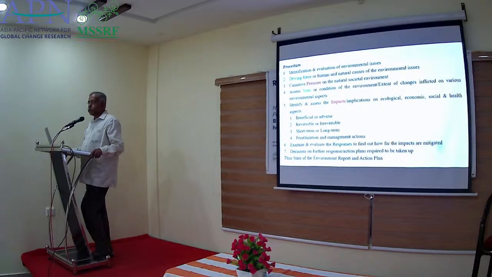Then the third step is to assess the state or the condition of the environment, the extent of changes inflicted on various environmental aspects. What are the environmental aspects? Any idea? Can anybody tell some environmental aspects? When we do environmental assessment or analysis, we divide the environmental scenario into different aspects, isn't it?